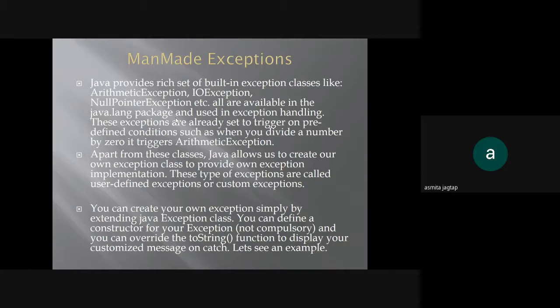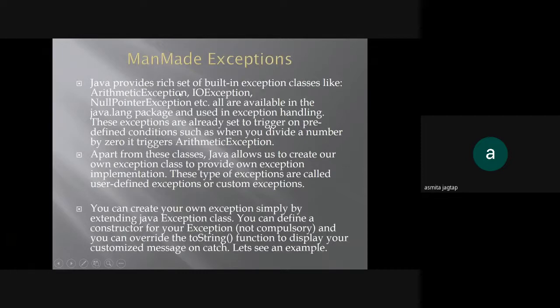So big companies handle or implement their own exceptions. These are user defined exceptions or custom exceptions. Just like the arithmetic exception class is written, in the same way you write your own custom exception class.